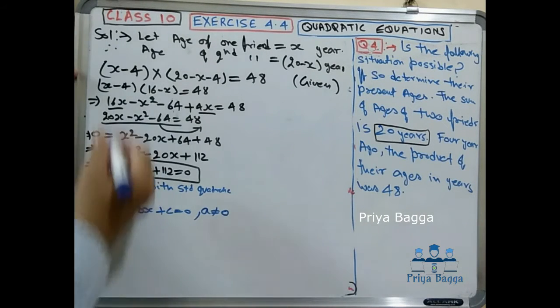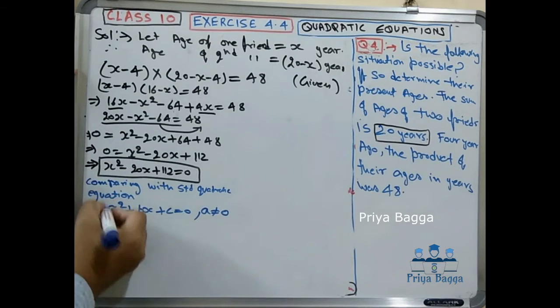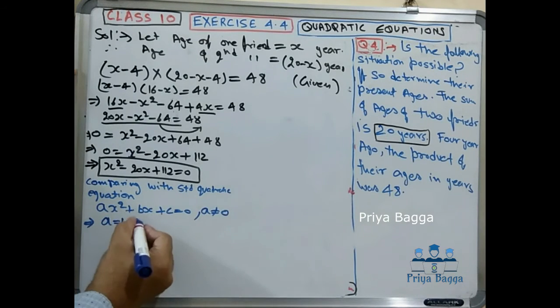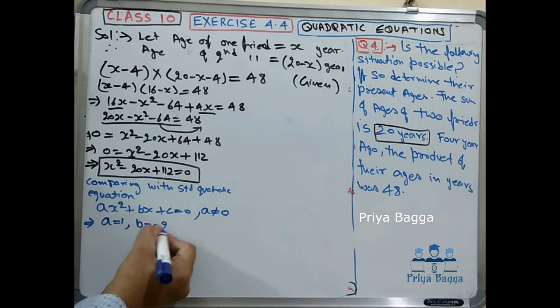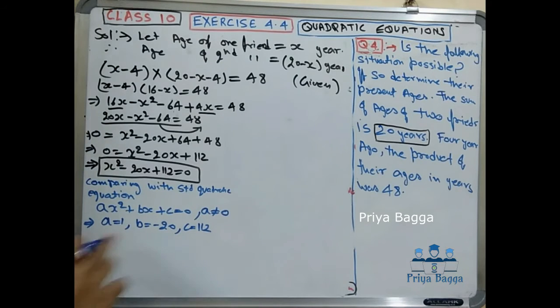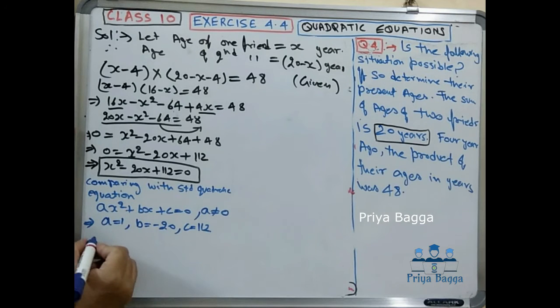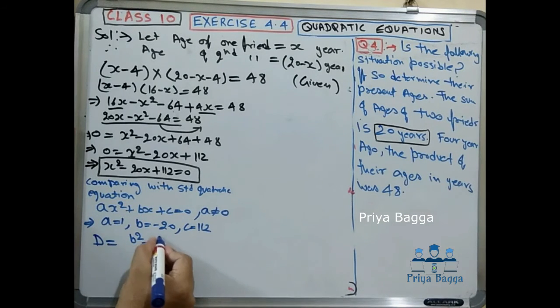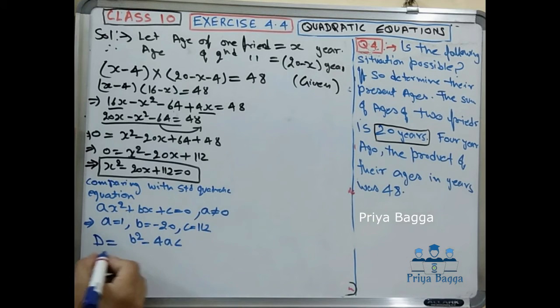Okay, anyway, now from here if I compare, a is equal to 1, b is equal to minus 20 and c is equal to 112. So these three are the values of a, b and c. Now I will find the discriminant D. So D is given by b square minus 4 into a into c.